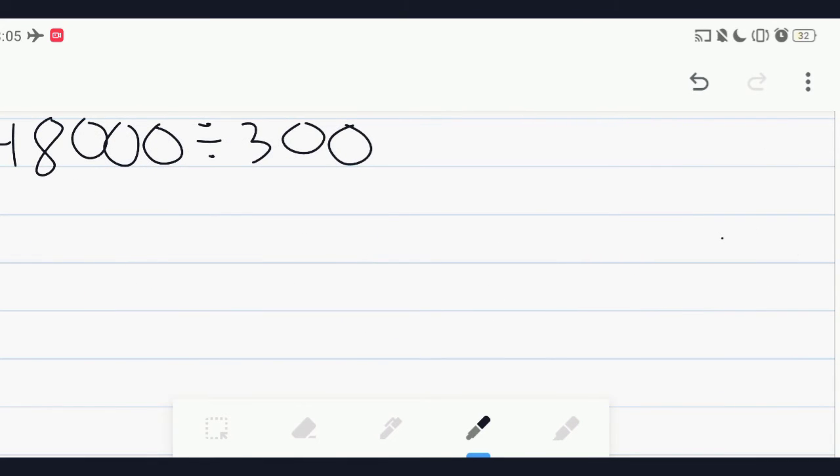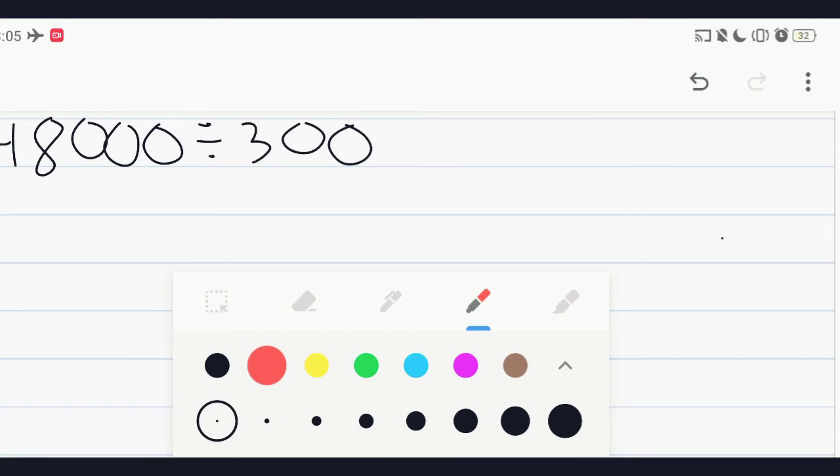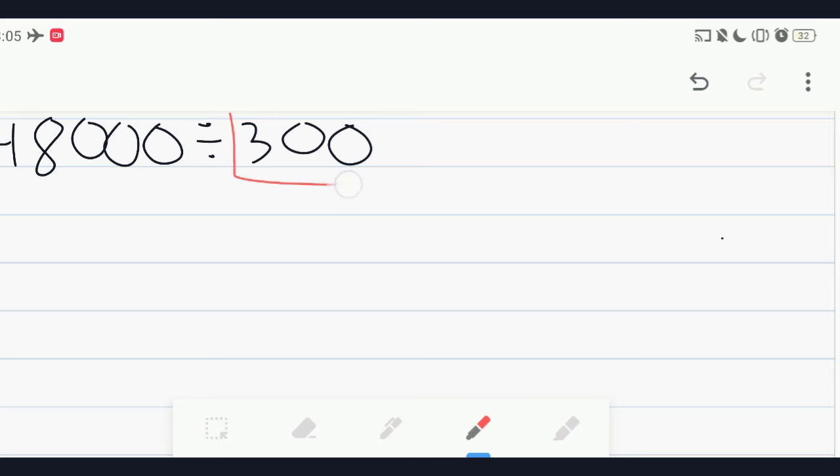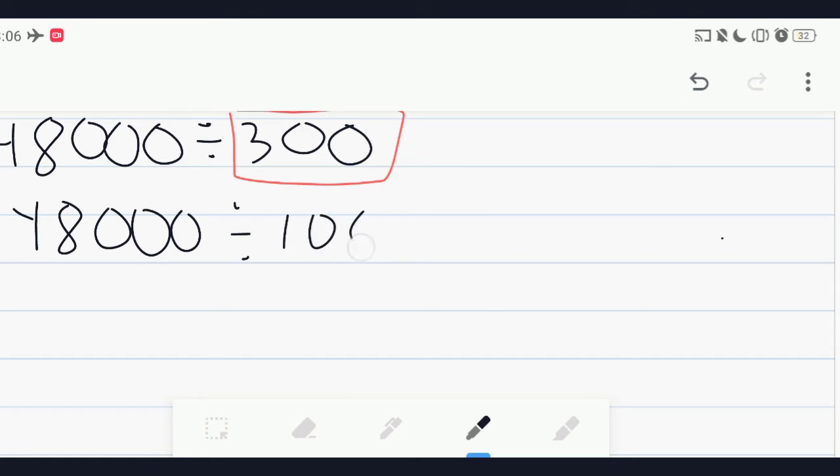While for the division problem, you always have to separate the divisor. The divisor means the number at the back. You always have to separate the back one. So for this problem, you will use 48,000 divided by 100 divided by 3.